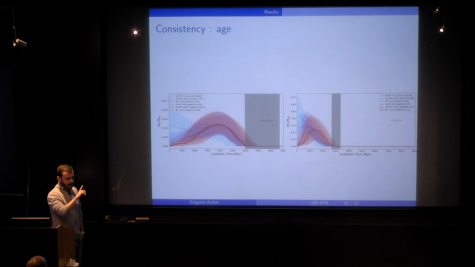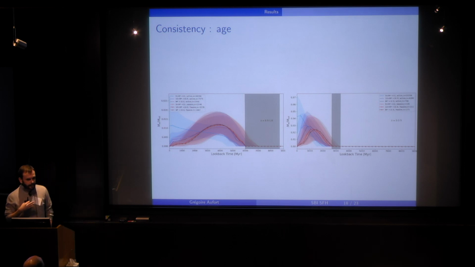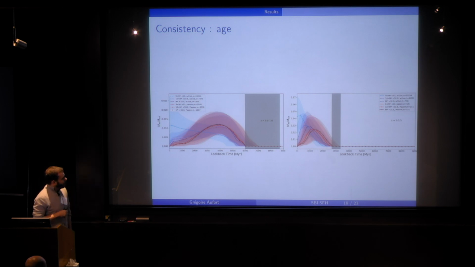So I want to remind you that the input is only the colors. The mass has been normalized, and there is no explicit redshift input. But as you can see, if I look at different mass bins, I clearly see a difference between the recovered SFHs.